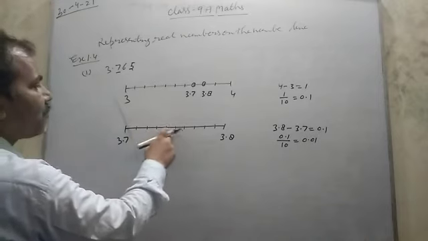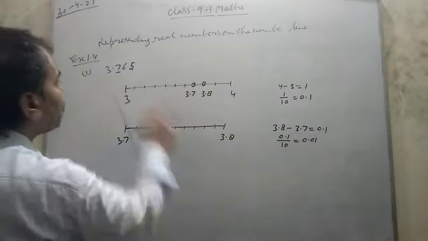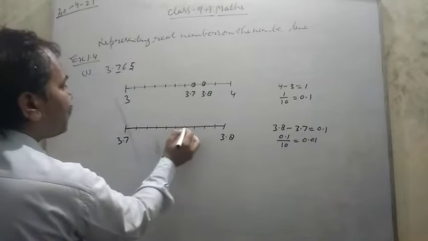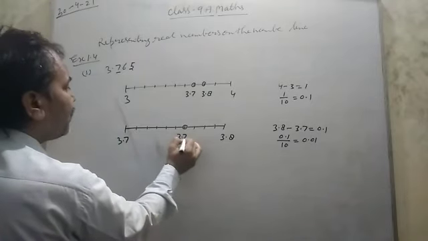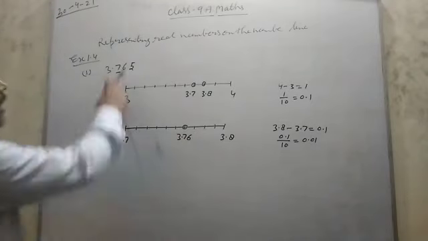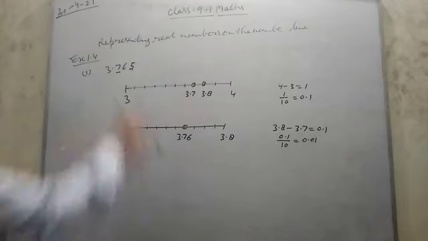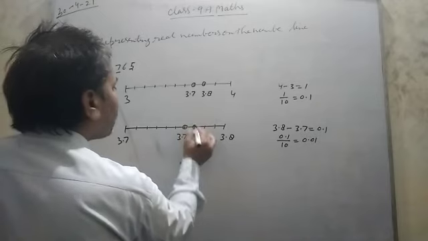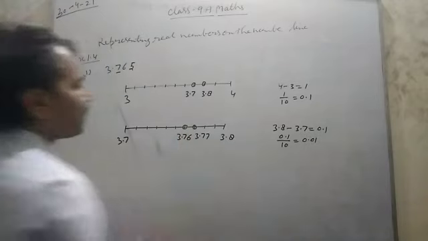3.72, 3.73, 3.74, 3.75, 3.76. Second digit, you see: 1, 2, 3, 4, 5, 6, so this will be 3.76. And after the second digit there is one more digit, so the number is more than this. So 3.76 and 3.77.